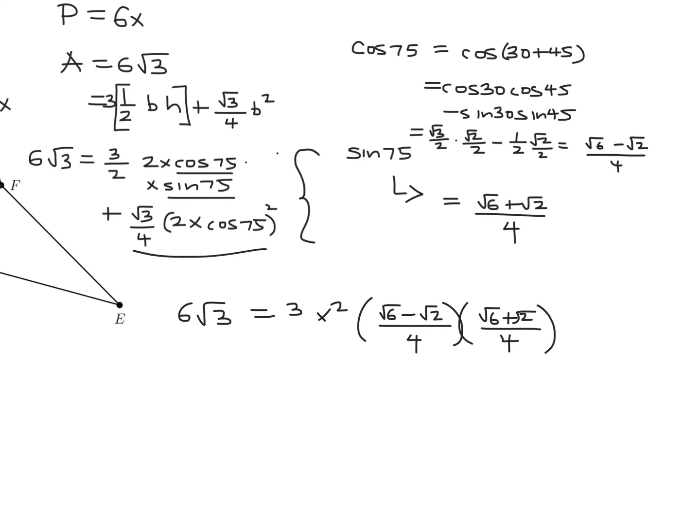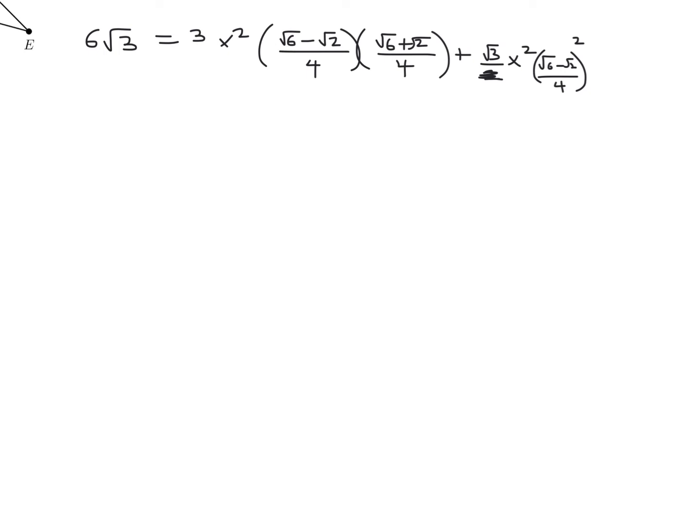And then I've got to look at this guy, which is root 3 over 2 this time, and we have x squared, right? Actually, it's root 3 because this 2 is going to be squared. So I can get rid of that. And then I just got to put in the cos of 75, which is root 6 minus root 2 over 4 all squared. And I believe that's it. I think unless I made a mistake, this should be the way to do it.